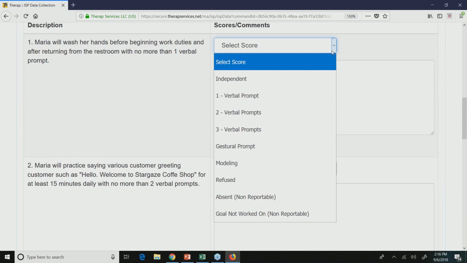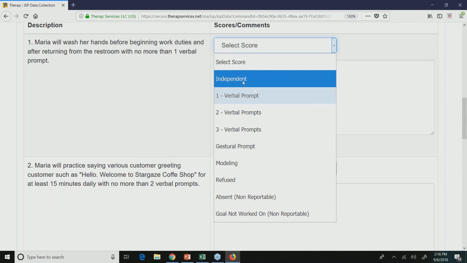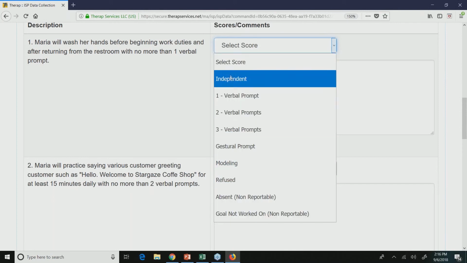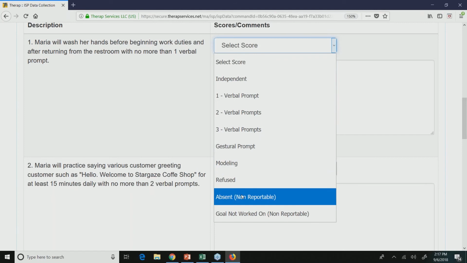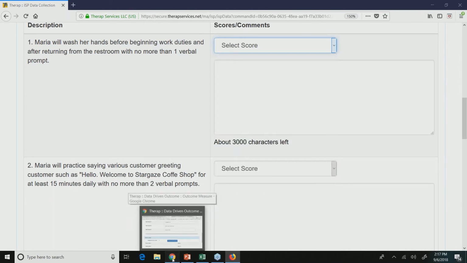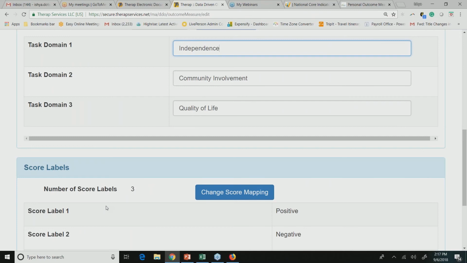But when I am creating my outcome measure type and I'm saying that I want to track information based on community involvement, based on people being independent, based on quality of life, I'm going to have to assign a value to these particular scores that are in this drop-down menu so that it creates a common language, right? And so those particular scores or values are going to be called score labels here.